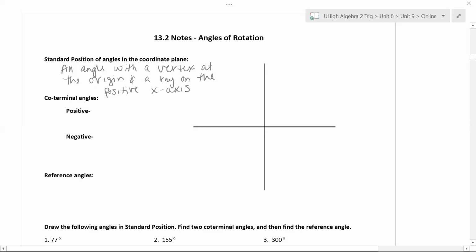So what that's going to look like is a ray or an angle in standard position.